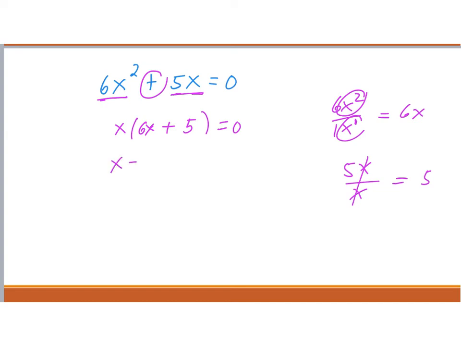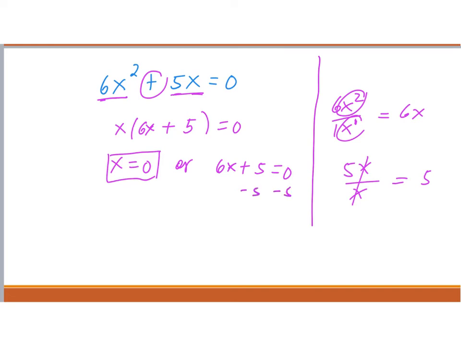So x equals 0 or 6x plus 5 equals 0. For the first equation, x equals 0, you can't do anything about it. That's actually already the solution. The second equation is a two-step one. So let's minus 5 from both sides first. So we get 6x. This cancels out.